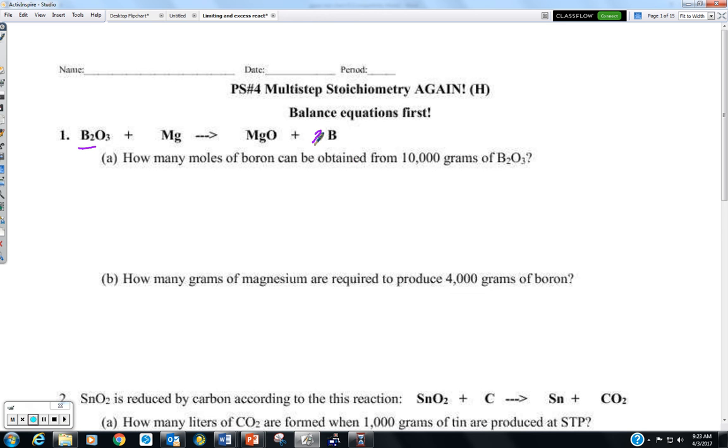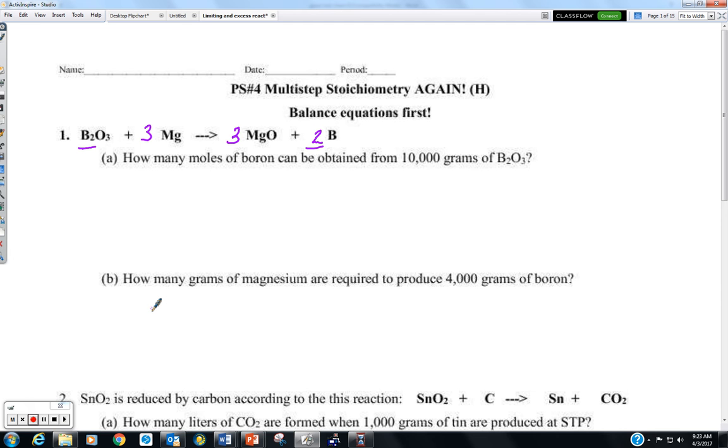I need a coefficient of 2 on this side. So when I do that, oxygen is 3. How do I fix oxygen over here? Coefficient of 3. Now, what does that make me have to do to my magnesium? I need a coefficient of 3.